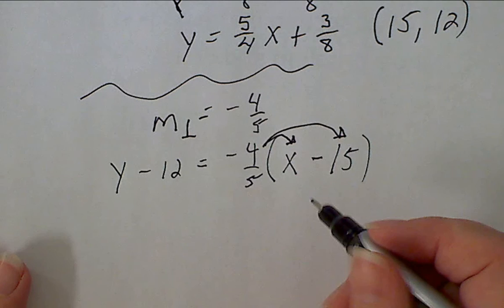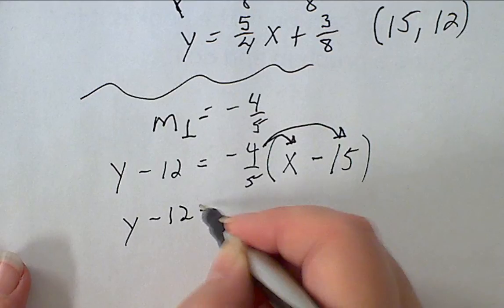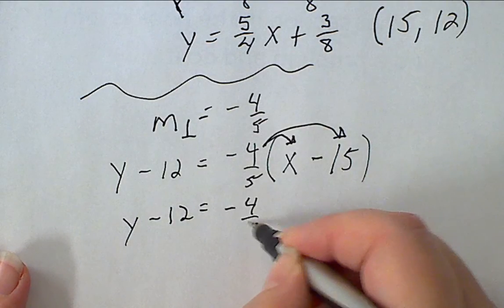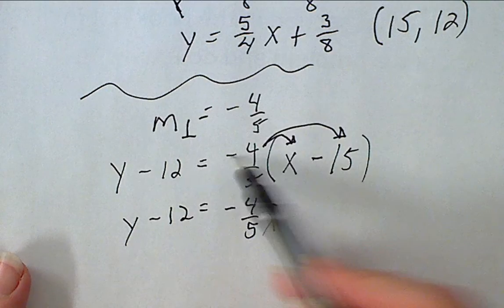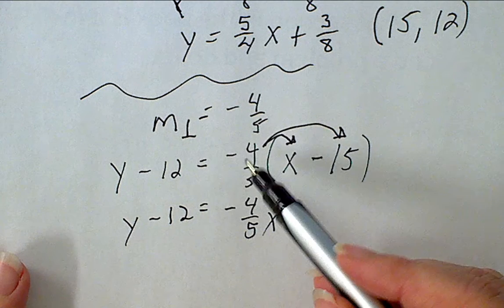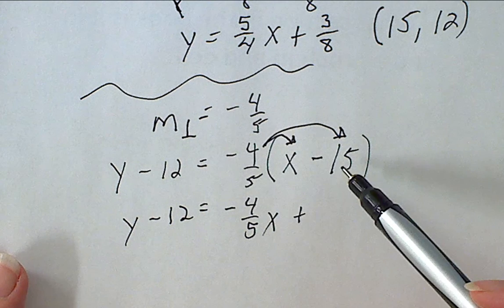Y minus 12 is equal to a negative 4/5 x. Negative and negative make a positive. In your calculator, go 4 divided by 5 times 15. So it's 12. Yep, it is 12.